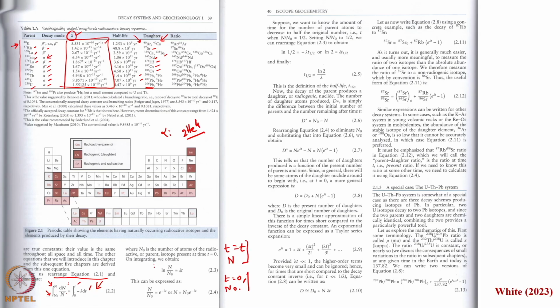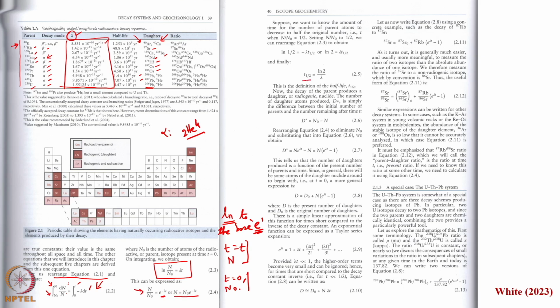On integration we get ln(N/N0) = -λt, where we have used ln, that is log to the base e, e meaning the exponential series. Now, this can also be written as N/N0 = e^(-λt), or N = N0 e^(-λt).